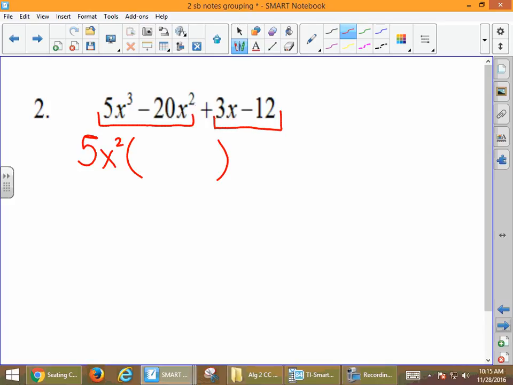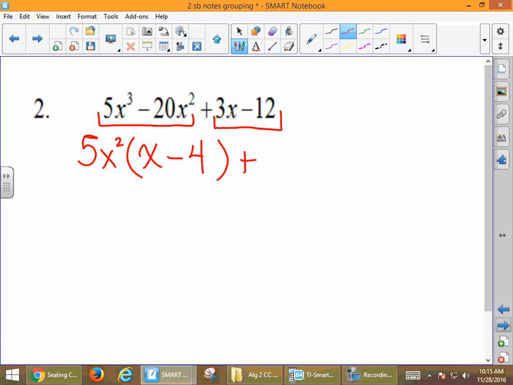Well, 5x cubed divided by 5x squared, 5 divided by 5 is 1. We had 3 x's, we took out 2, so we're left with 1x. 20x squared divided by 5x squared is 4. Notice, we had 2 x's, we took out 2 x's, we don't have any left inside our parentheses.